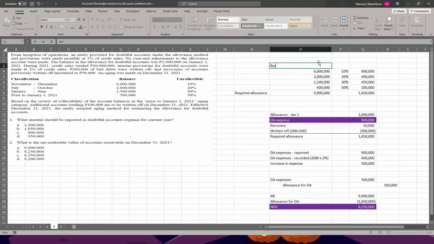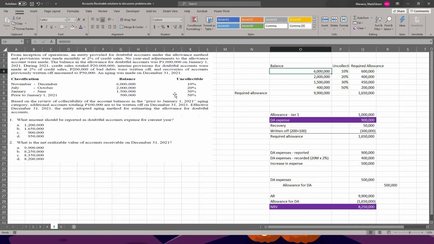This is the balance, this is the uncollectible, and this is now the required allowance. So 6 million multiplied by 10% is 600,000. 2 million, multiplied by 20%, is 400,000. 1,500,000 multiplied by 30% is 450,000.